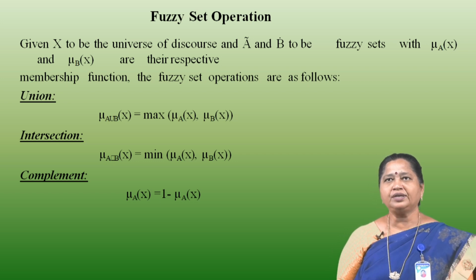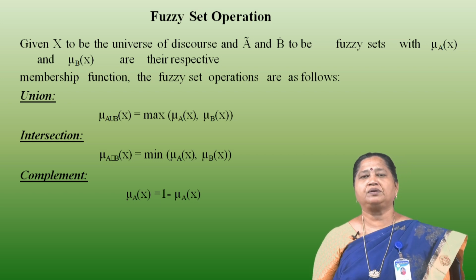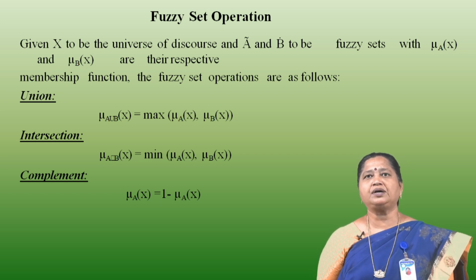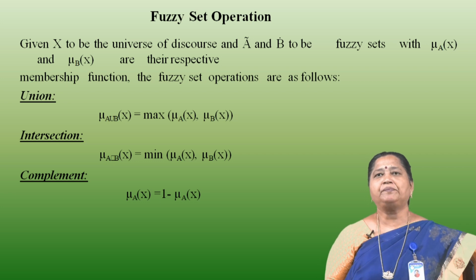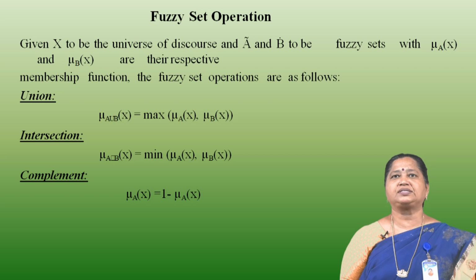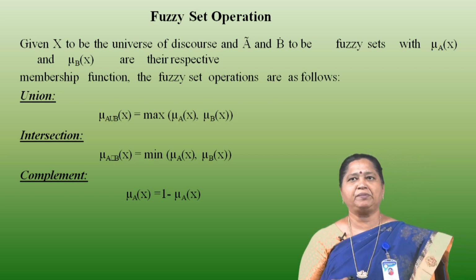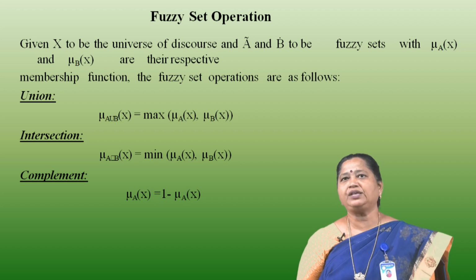The first one, union. Mu A union B of x equals the maximum of mu A of x, mu B of x. That is, we will take the maximum of the membership values.